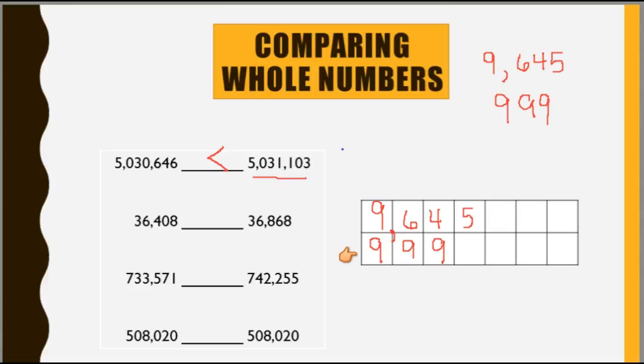And you can see right away that it's not, because there's 4 place values, so it's obviously going to be smaller, this 999 is going to be smaller.